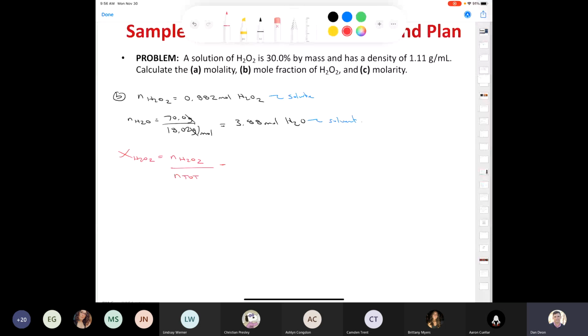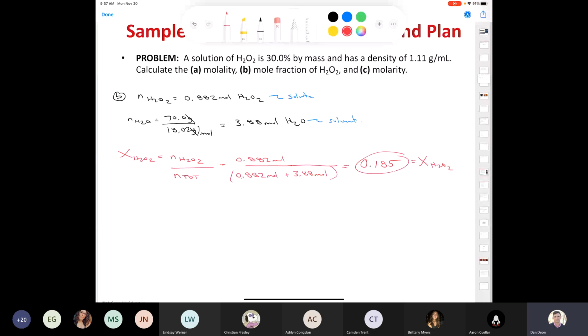So that's 0.882 moles divided by 0.882 moles plus 3.88 moles. I take all that, and I get a mole fraction of 0.185. It's a unitless number, and it is equal to my mole fraction of hydrogen peroxide.